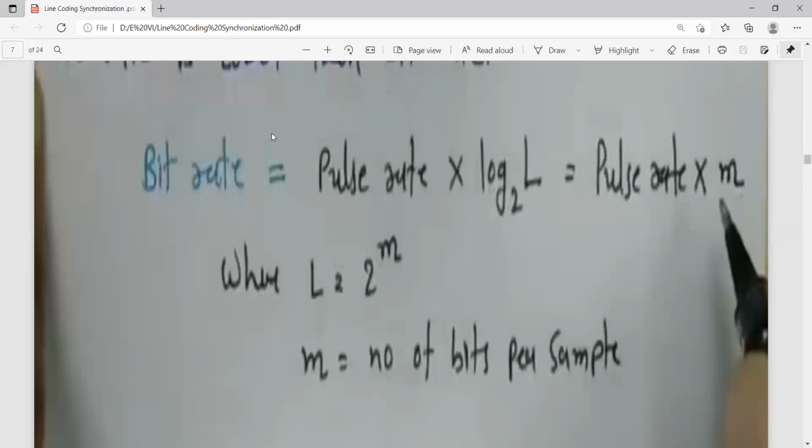Therefore, the bit rate is equal to pulse rate into log L to the base 2.